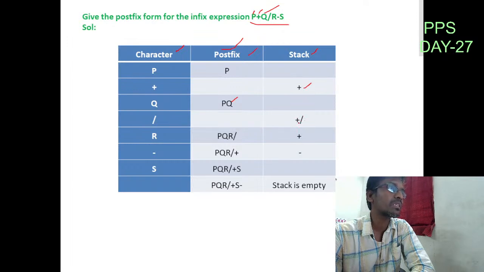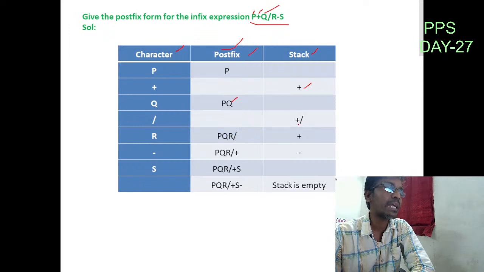Among these two symbols, division has a higher precedence when compared to the plus operator. So I am going to pop the division operator and add it to the postfix expression. I hope you understand what I am saying.